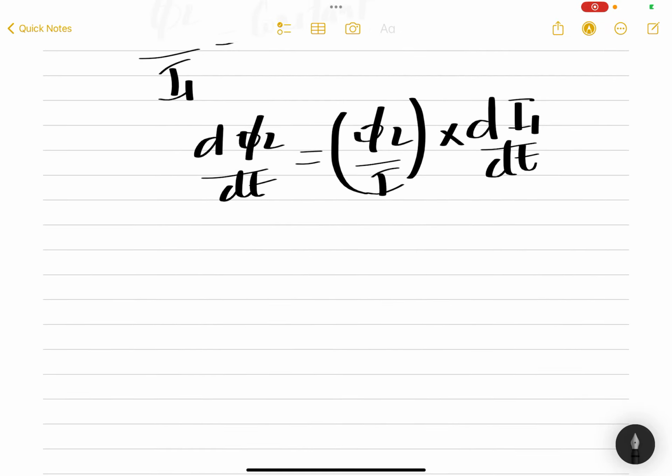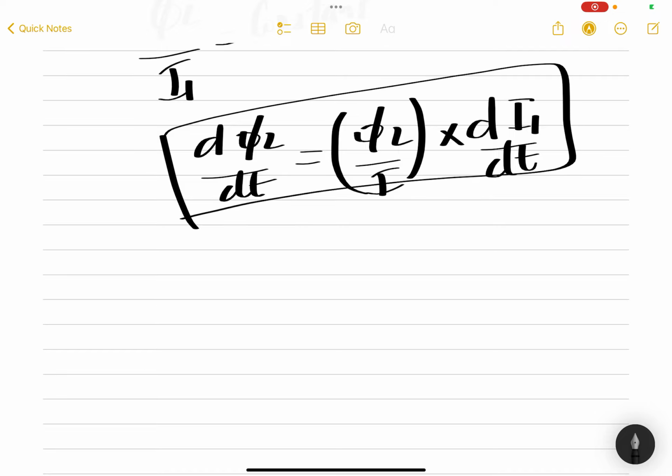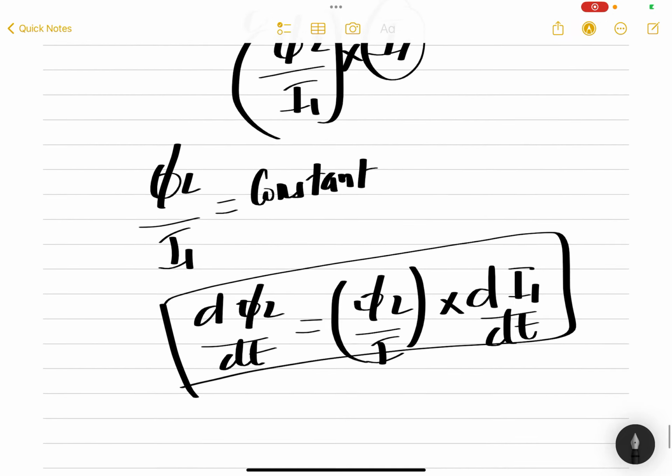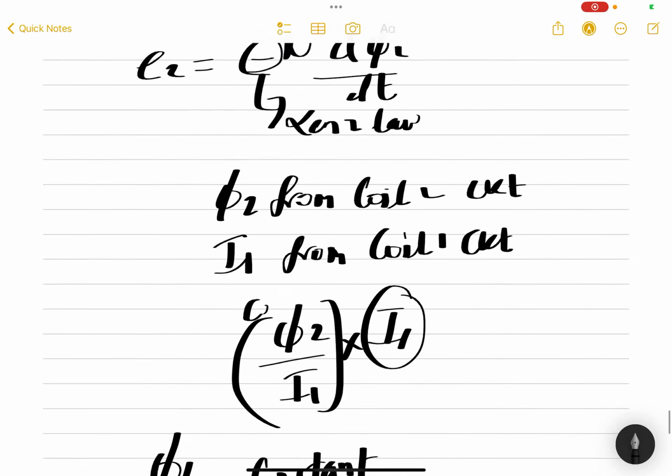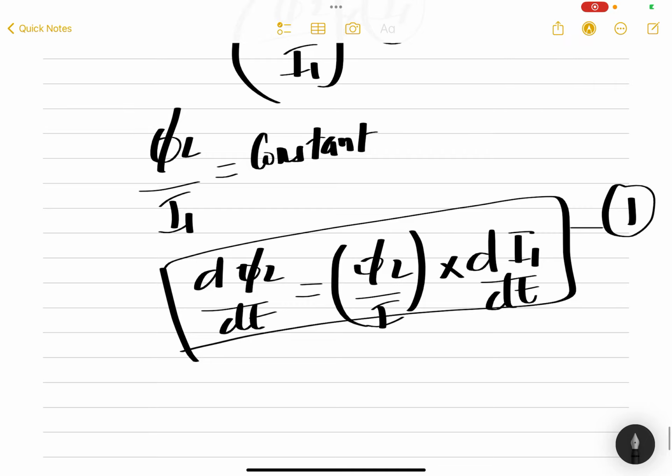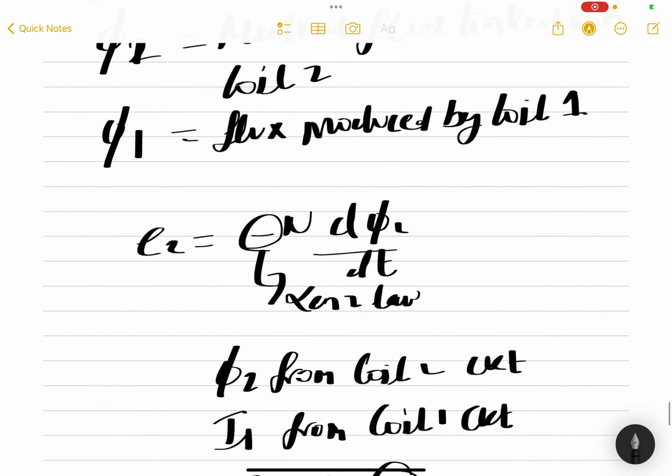We have now got the d phi 2 by dt expression. Let us term this equation 1, and substitute this value of d phi 2 by dt into the original Lenz's law expression.